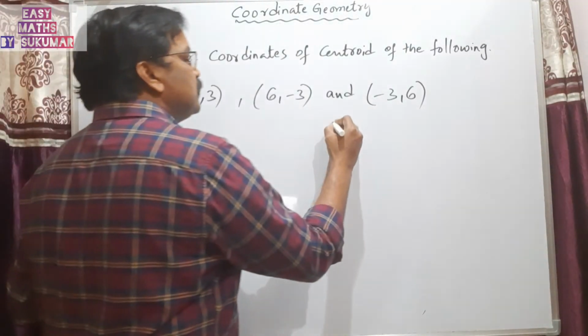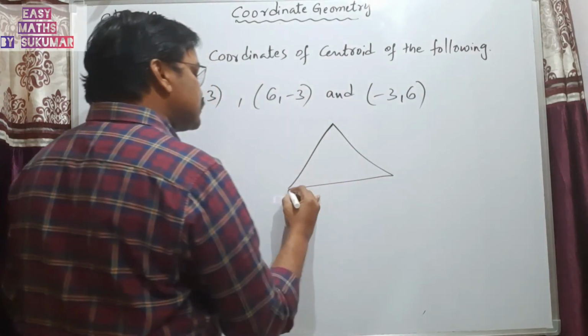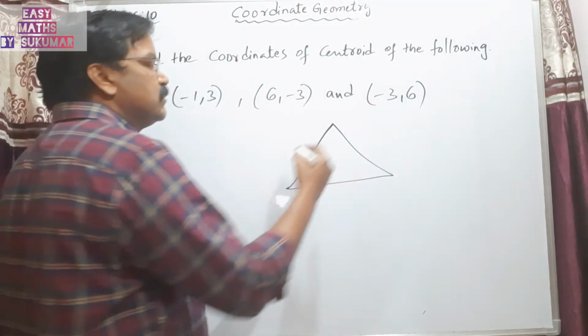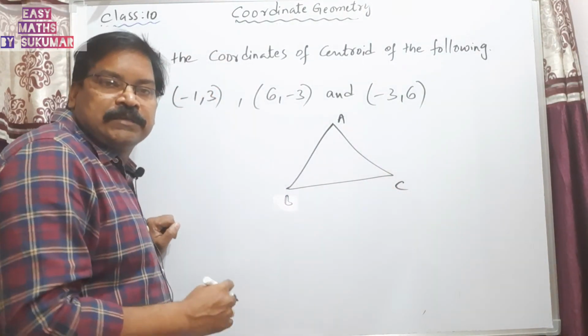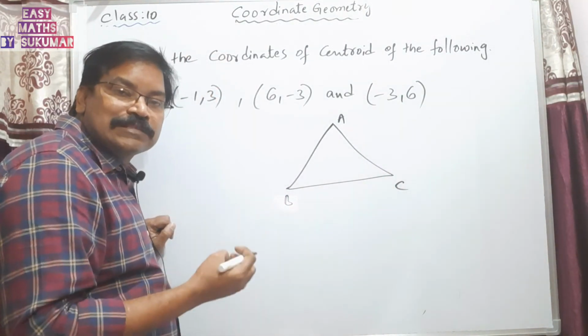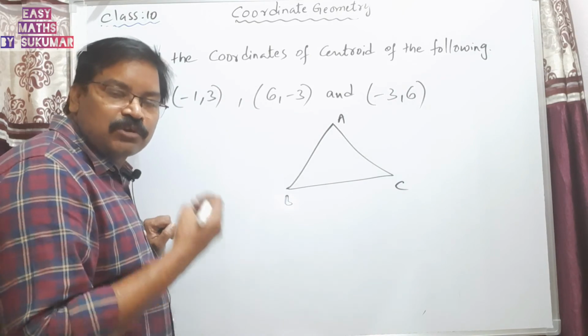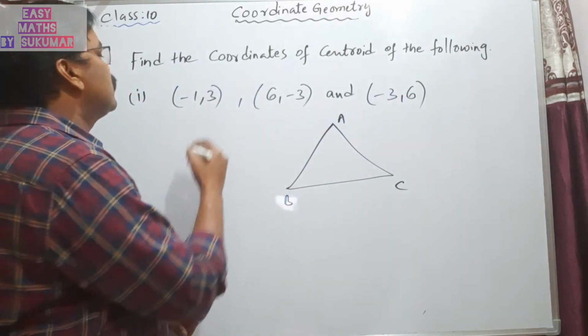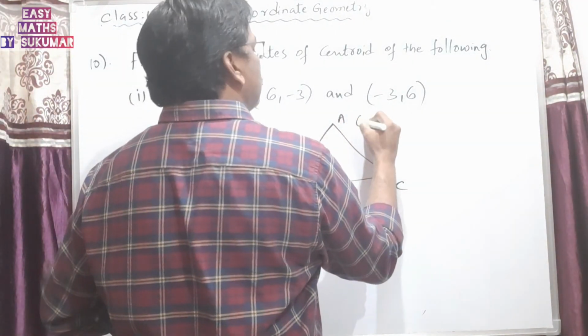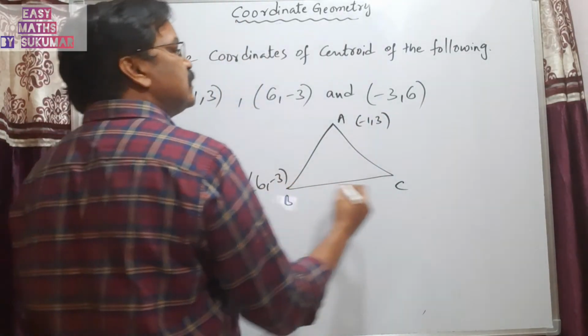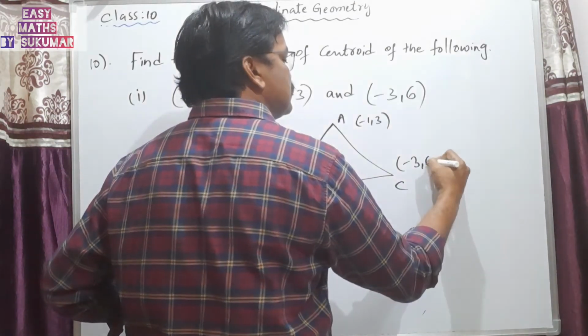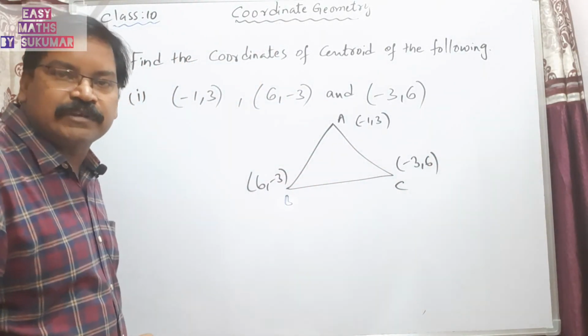Look here. Centroid means, as we discussed in the previous video, the point of concurrence of the medians of a triangle is called the centroid. Here A is minus 1 comma 3, B is 6 comma minus 3 and C is minus 3 comma 6. These are the 3 vertices of a triangle.